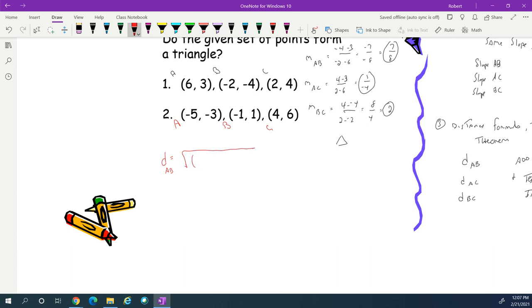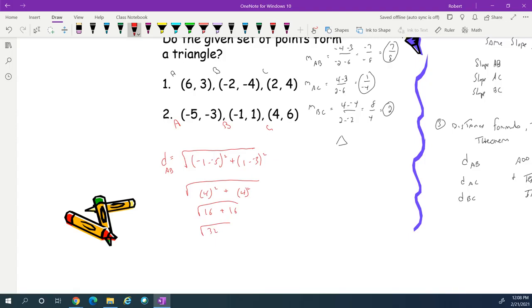For our distance formula, we have something like -1 minus -5 quantity squared, 1 minus -3 quantity squared. Under the square root we have -1 plus 5 is 4 squared, and 4 squared. 16 plus 16, square root 32.